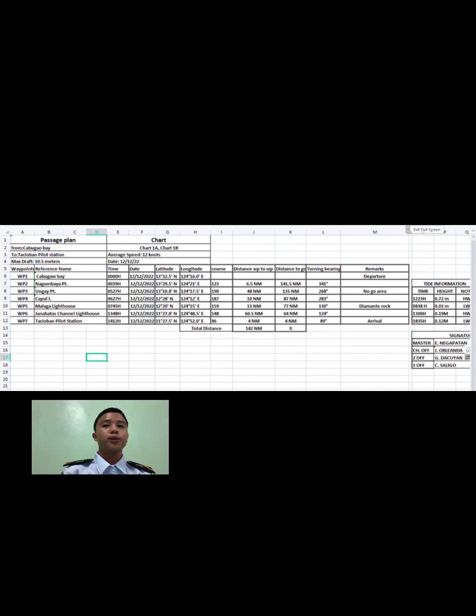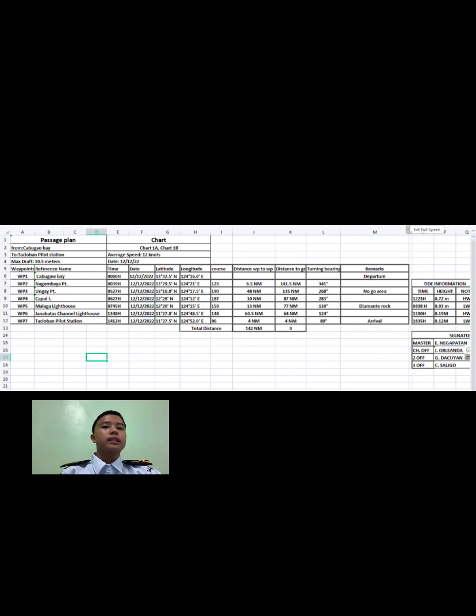This is our waypoint 1, which is Cabugao Bay. Our course from Cabugao Bay is 123 degrees. Our distance waypoint to waypoint is 6.5 nautical miles, our distance to go is 141.5 nautical miles, and the turning bearing is 341 degrees.